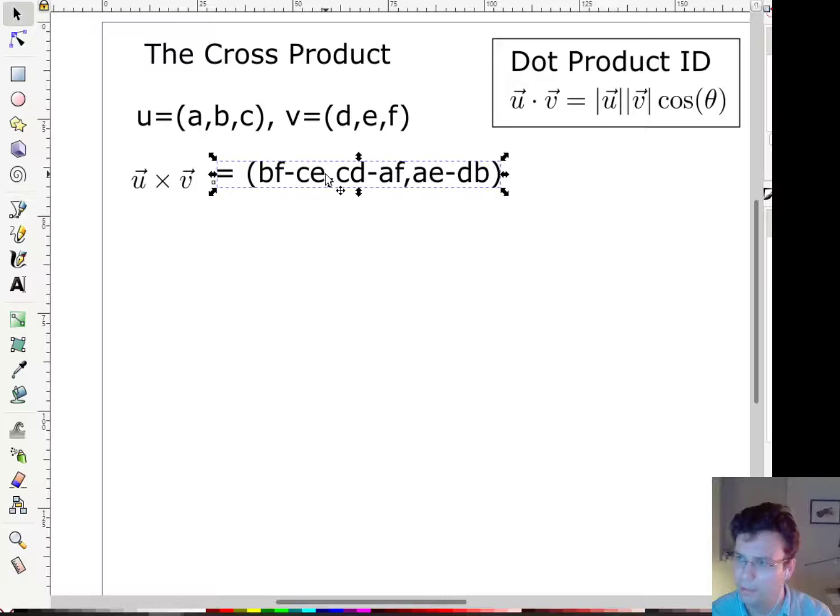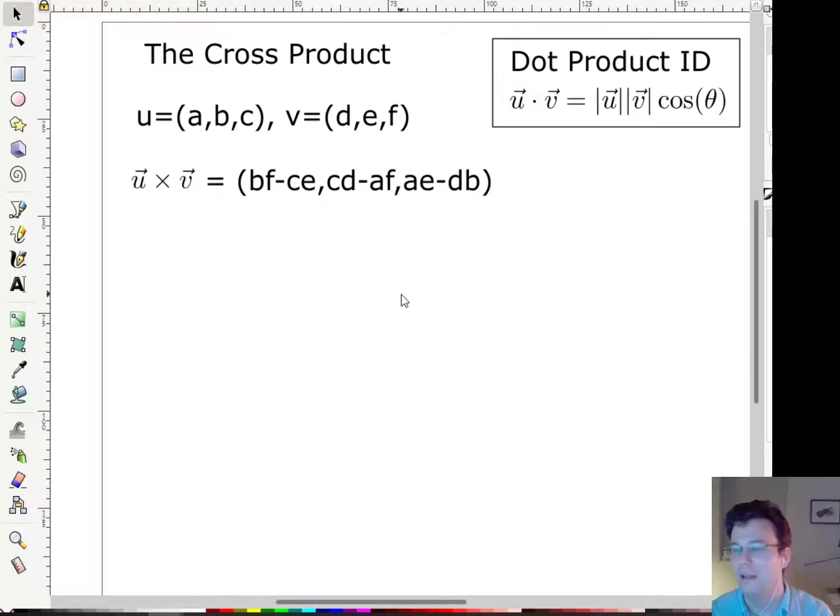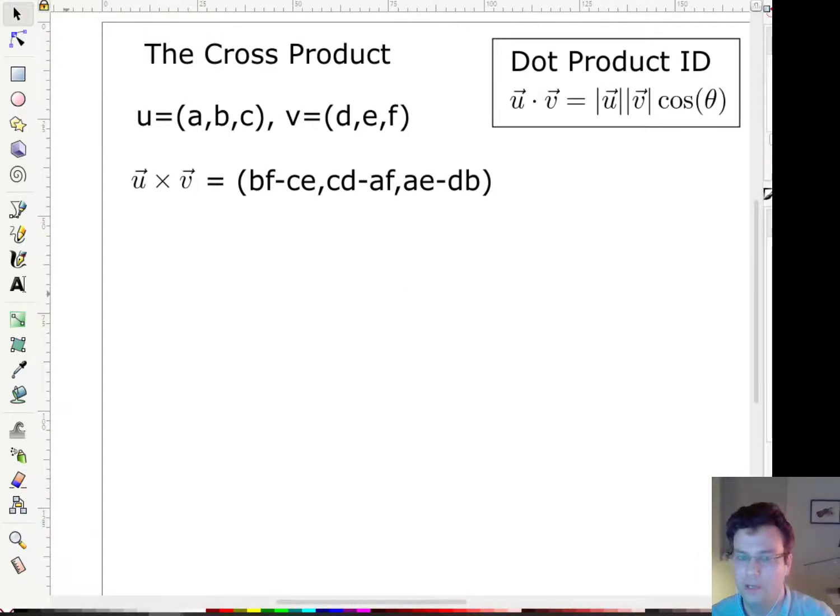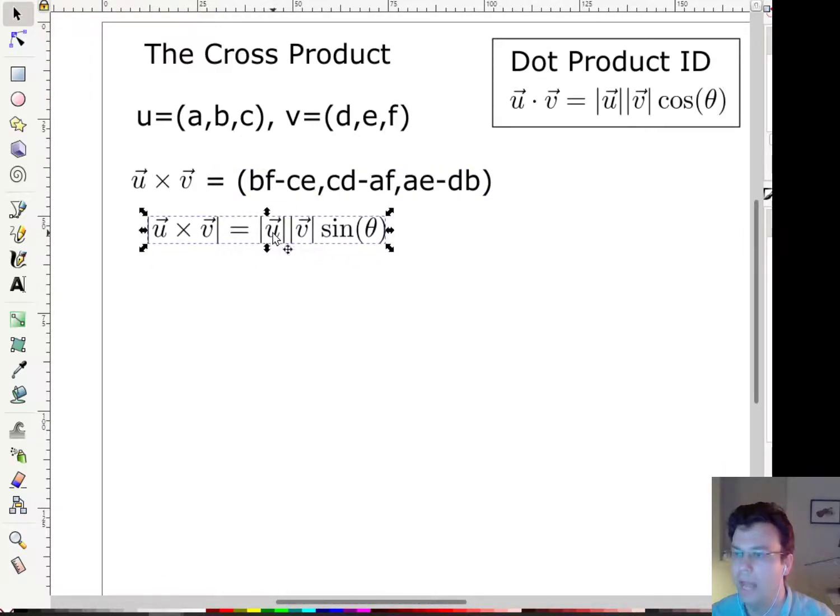Now where the heck did that come from? What you can verify is this cross product identity. This is a vector, but its magnitude, the length of the vector I get from doing this weird thing, is equal to the magnitude of u times the magnitude of v times the sine of the angle.